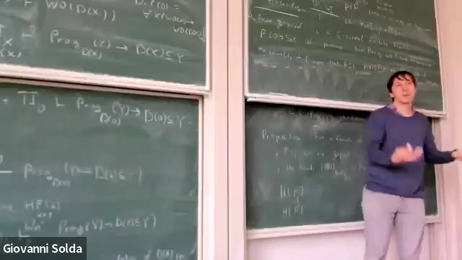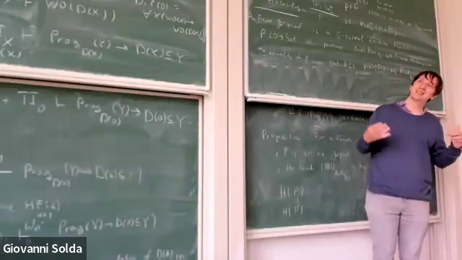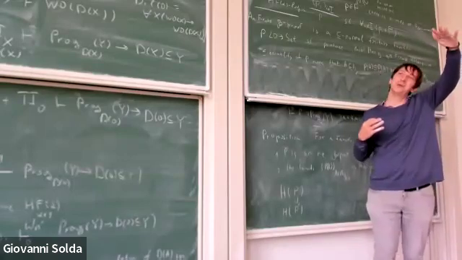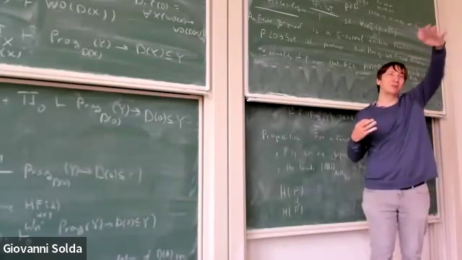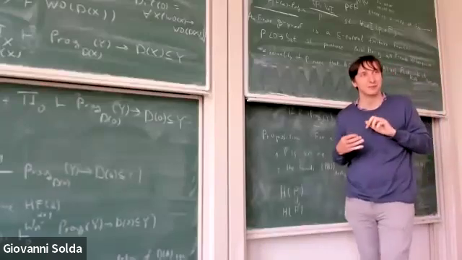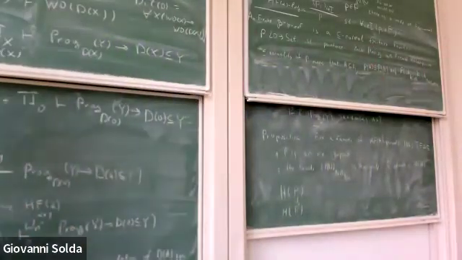And this is a stronger property than just proof preservation. Essentially, you're saying that when you have one-step justification, you can derive the conclusion using one-step justification of the premises.